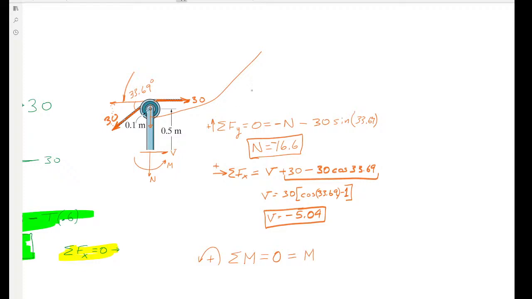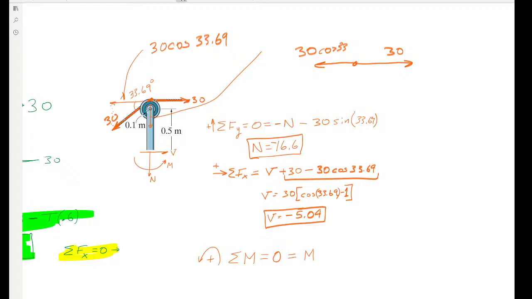However, at the very tip of this, you have this value, which is 30 cosine of 33.69 going to the left. So essentially at that upper point you have this 30 cosine of 33, and then you have 30.